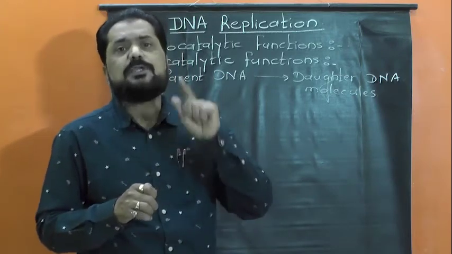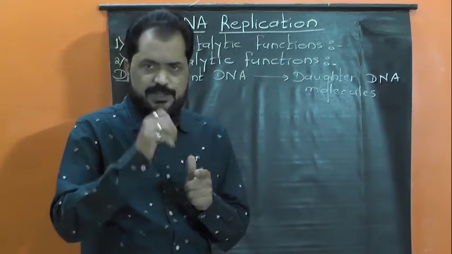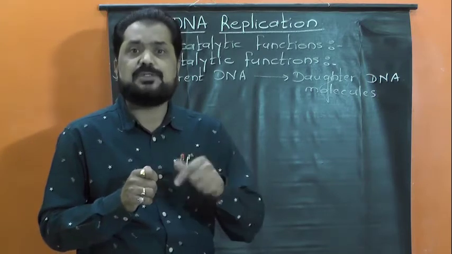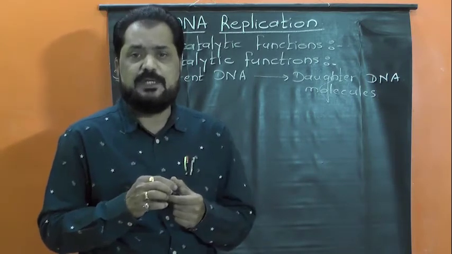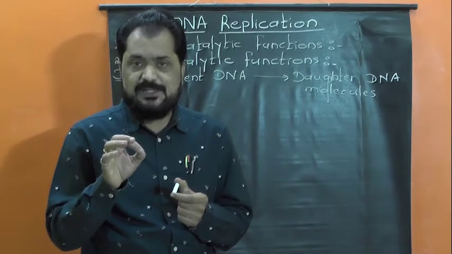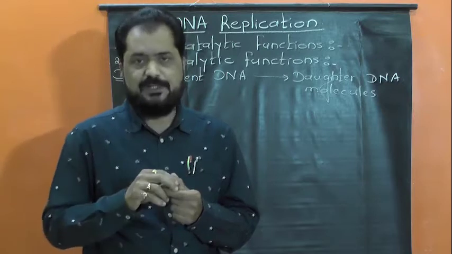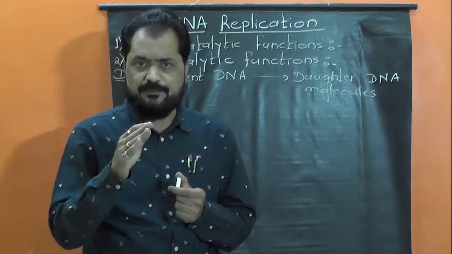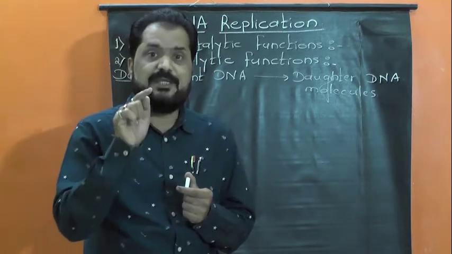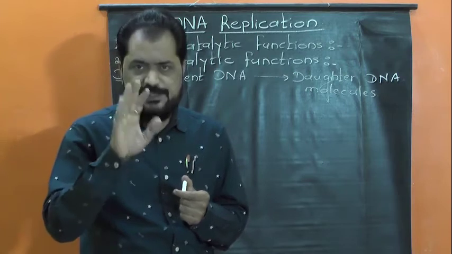Therefore in eukaryotic cells replication takes place in the nucleus, and the process of duplication of DNA takes place during the S phase, the synthetic phase of interphase of the cell cycle.